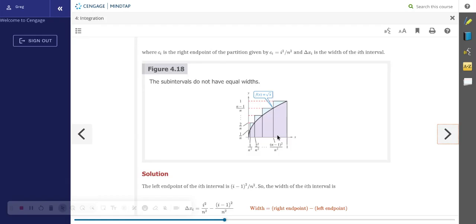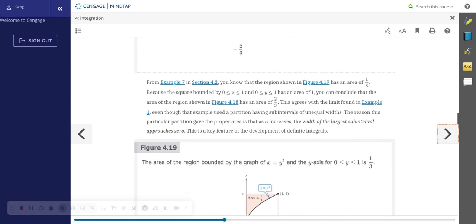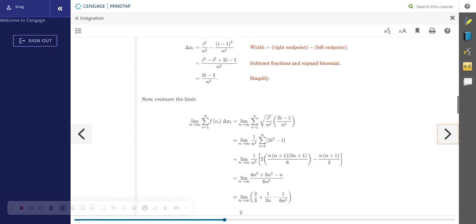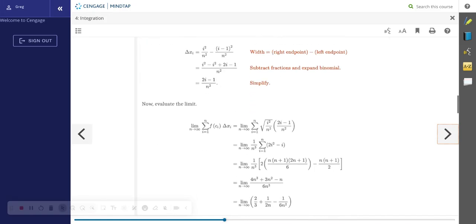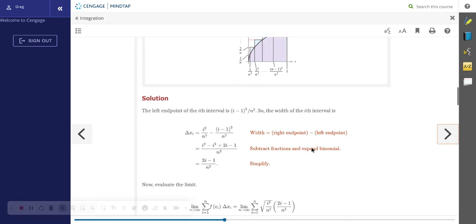So this is saying you don't need every interval to be the same width. I don't think that's super important, but I guess you could know that. This is just saying that if you found the area under the curve to be 2/3, that's what they found, and then you recognize that this entire region is a 1x1 square with an area of 1.